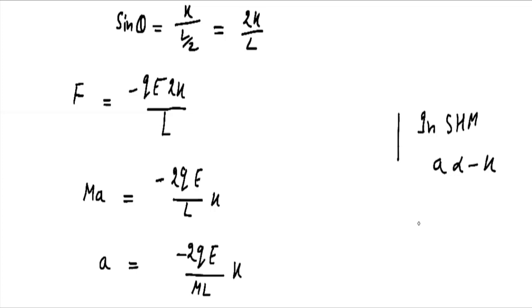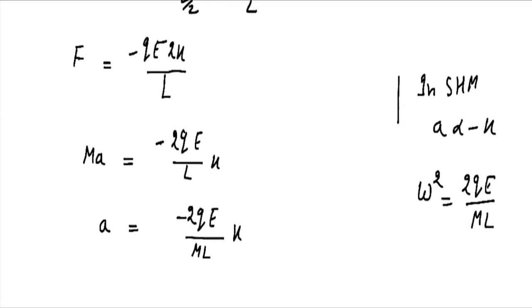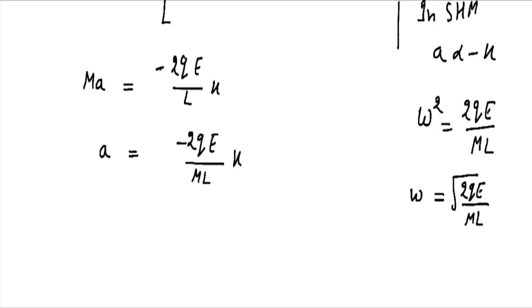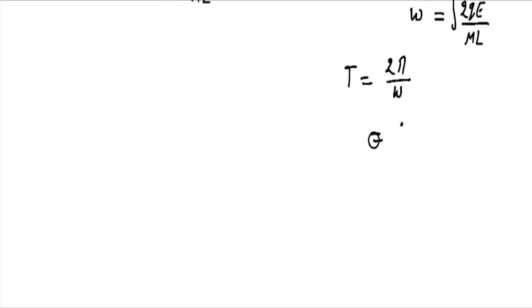So omega square is equal to 2qE upon mL, and omega is equal to the square root of 2qE upon mL, since a is equal to omega square x. Now T is equal to 2 pi by omega, so it is equal to 2 pi under root of mL upon 2qE.